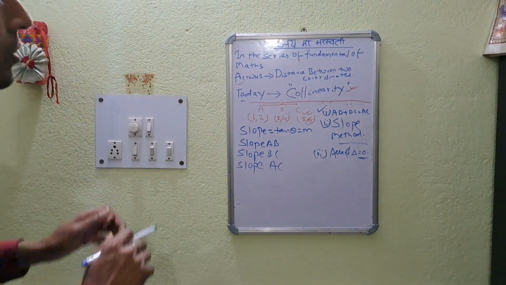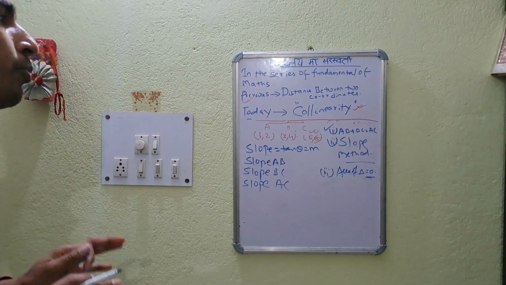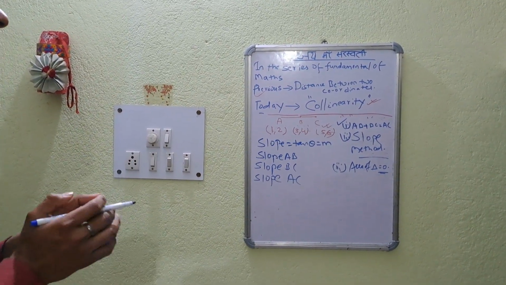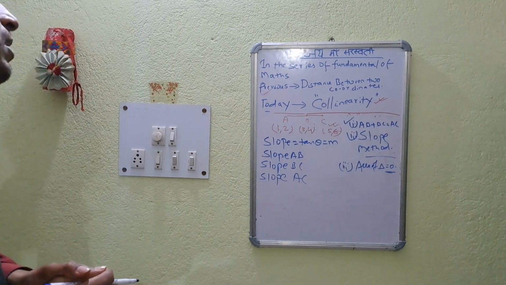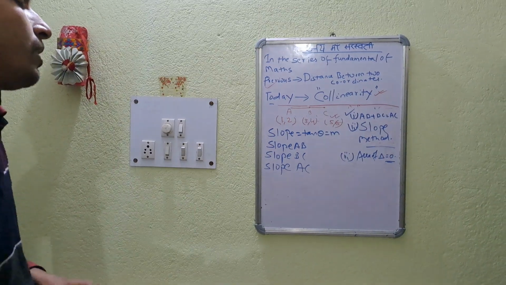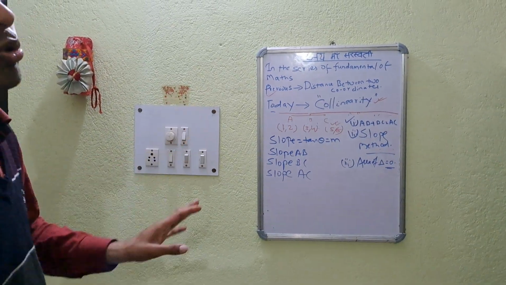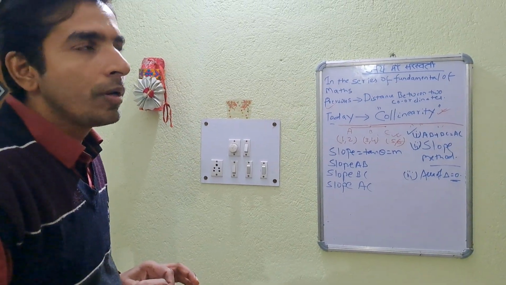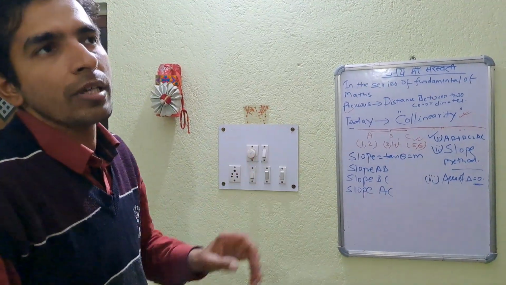Post calculating the slope of these three segments, that is segment AB, segment BC and segment AC, we will be drawing a conclusion whether these 3 slopes are equal. If these 3 slopes are equal, we will be stating that these 3 points are collinear.